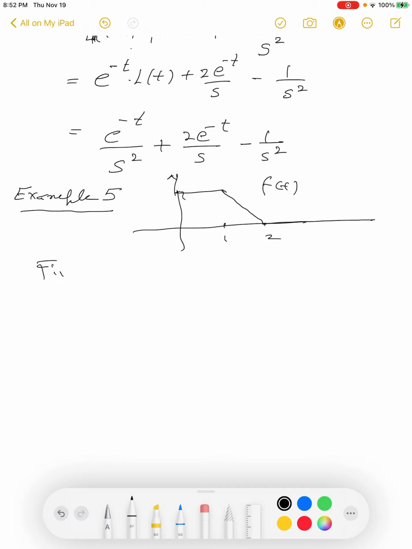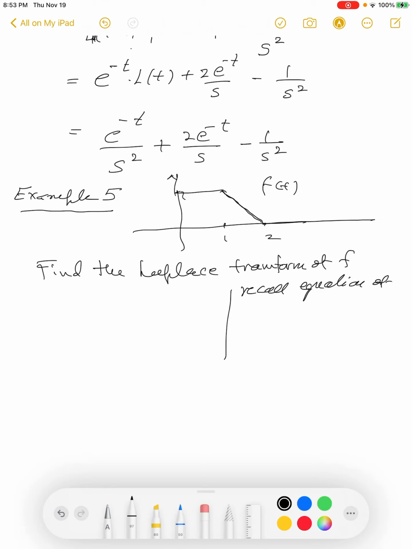Find the Laplace transform of f. So again, we will have to write down the equation of this line. And so what will that be? So the equation of the line, I will recall.